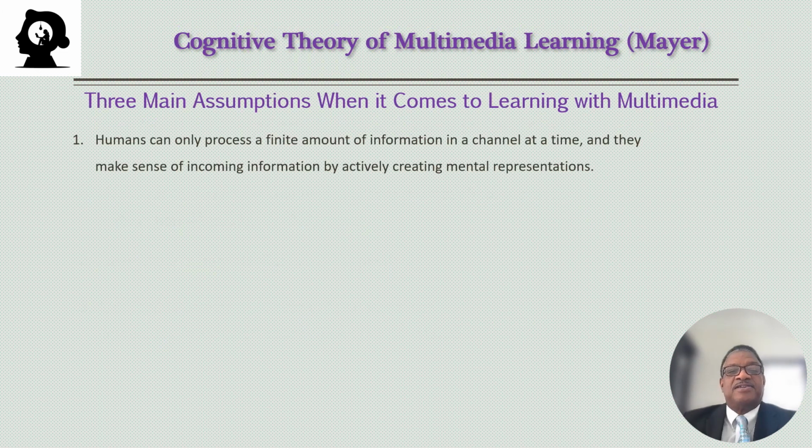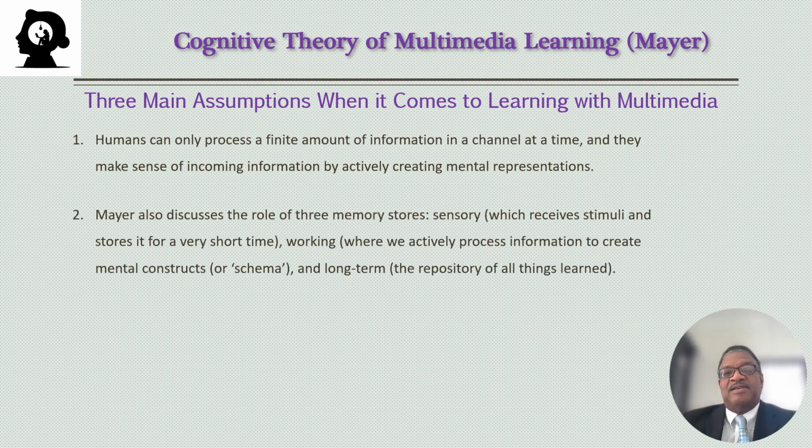Okay, so first, humans can only process a finite amount of information in a channel at a time, and they make sense of incoming information by actively creating mental representations. Two, Mayer also discusses the role of three memory stores. Sensory, which receives stimuli and stores it for a very short time.